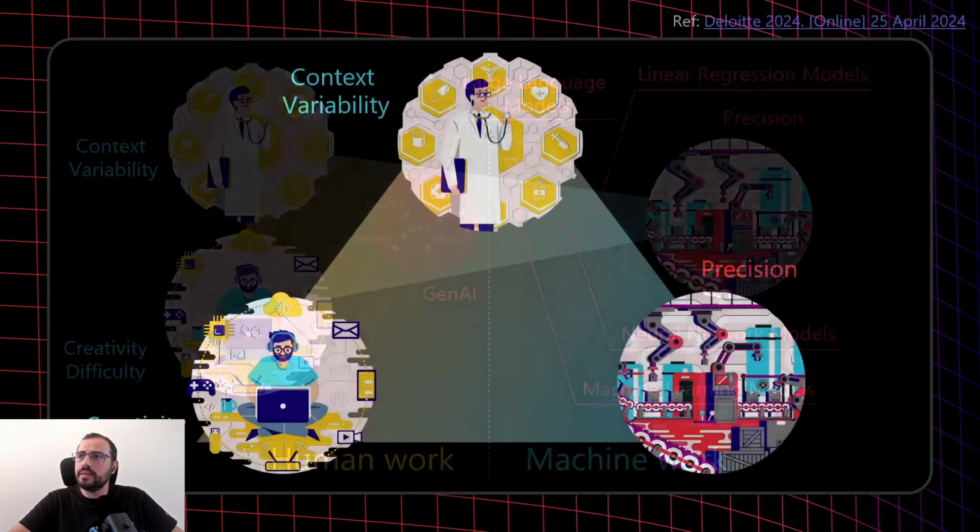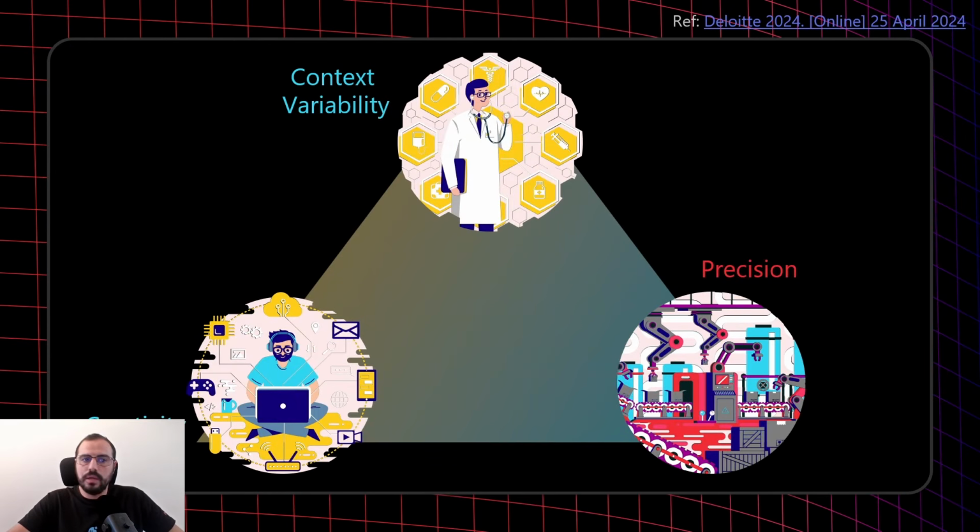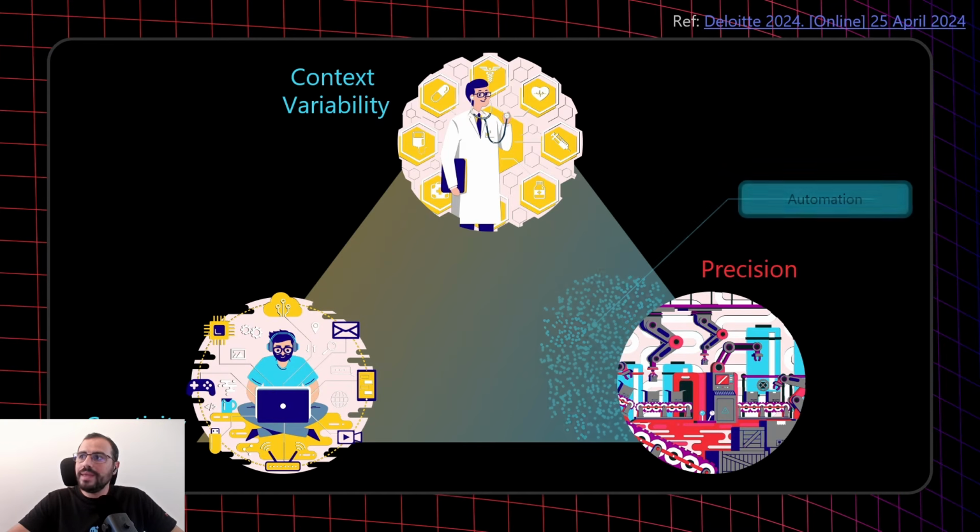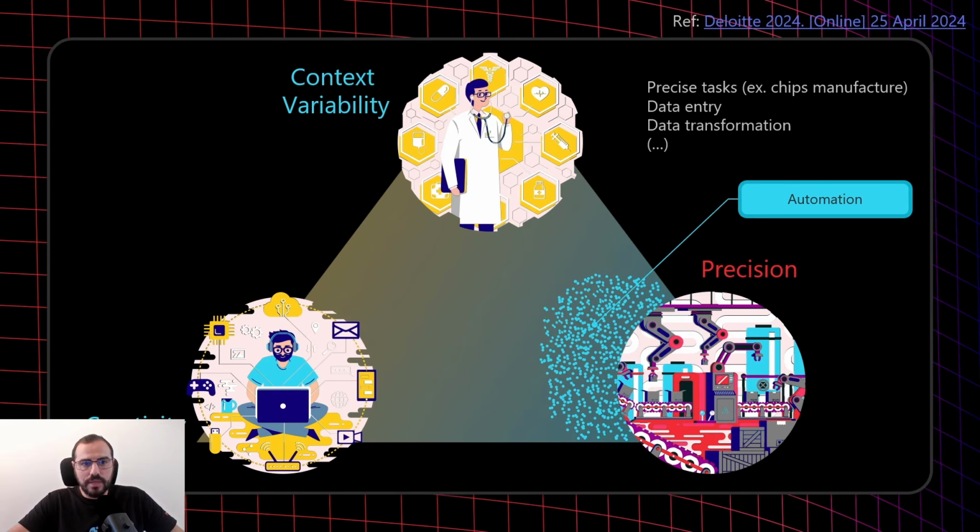So this means that in the initial triangle defined by these three dimensions of a task, we can give tasks that require really good precision mostly to automation. So we are talking about things that cannot fail. If they are repeated 1,000 times, they cannot fail.